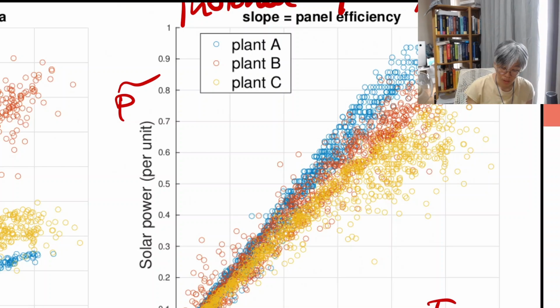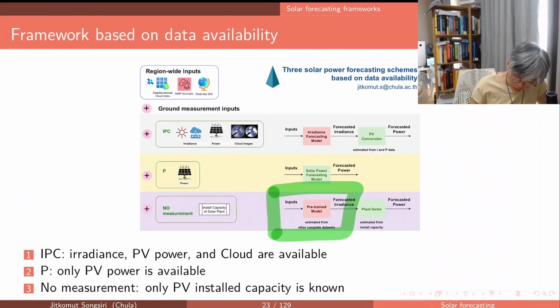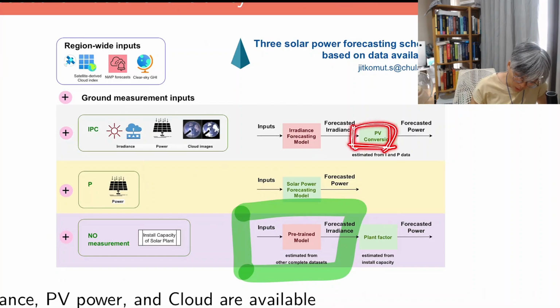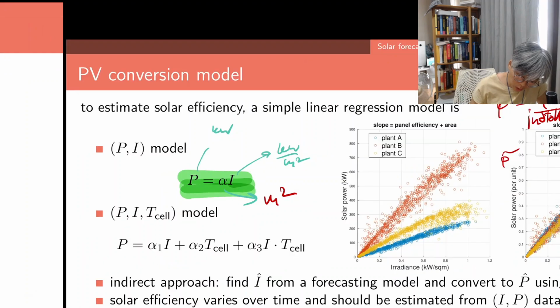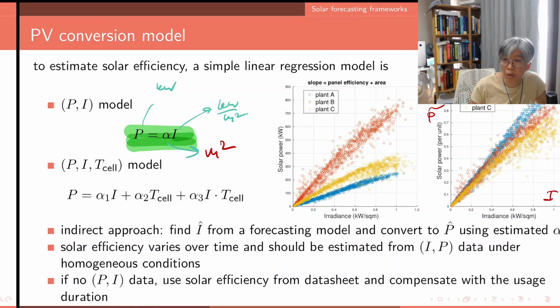Of course, panel efficiency differs by type of solar panel, by manufacturer, and depends on the period of using the panel. In summary, when you want to develop a PV conversion model, you can use the information of P and I and develop a linear regression model as simple as that.